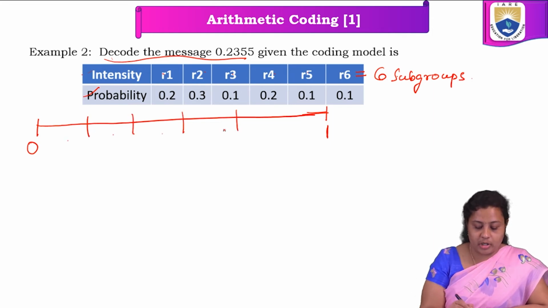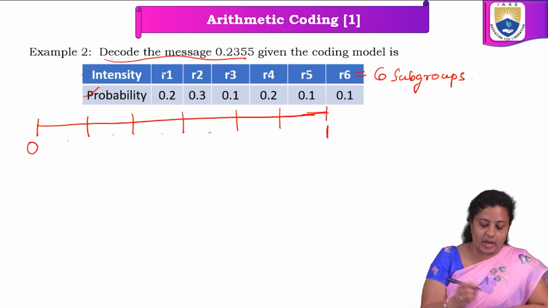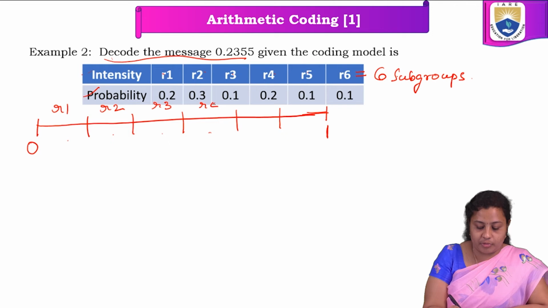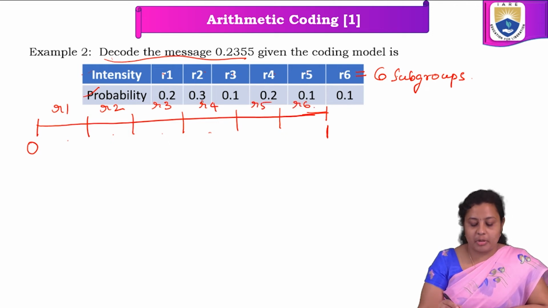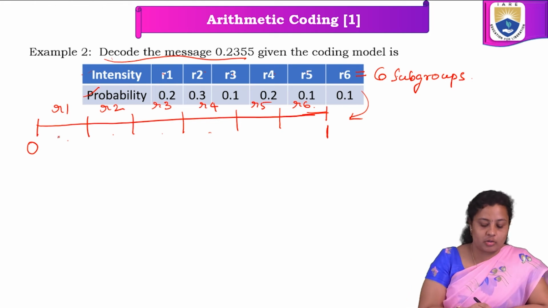The first subgroup we represent by R1, R2, R3, R4, R5, R6. Why am I representing my first subgroup by R1? Because the order of my given question is R1, R2, R3, R4, R5, so I consider the same intensity, same group, same order. So I have R1 which is equal to 0.2.